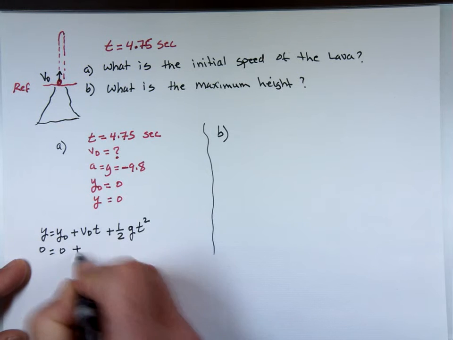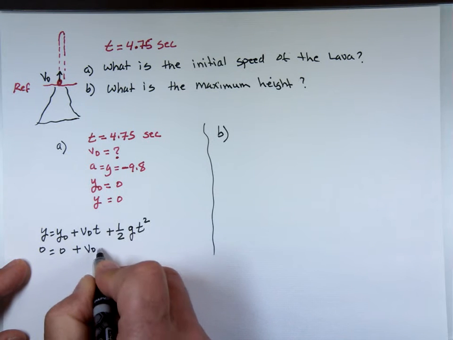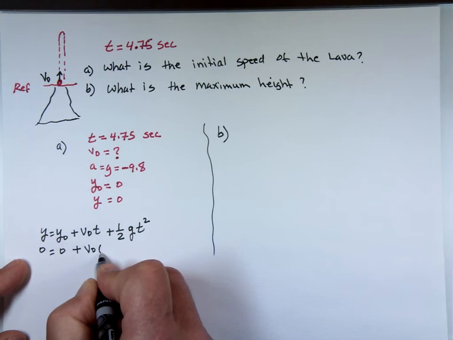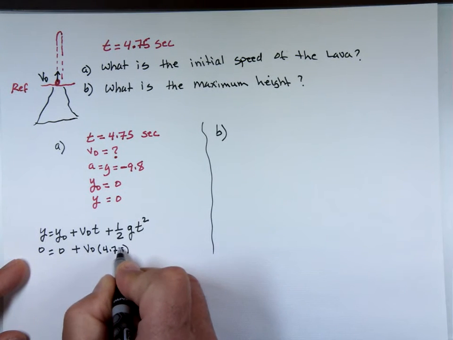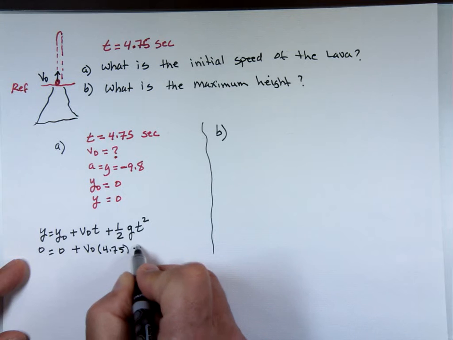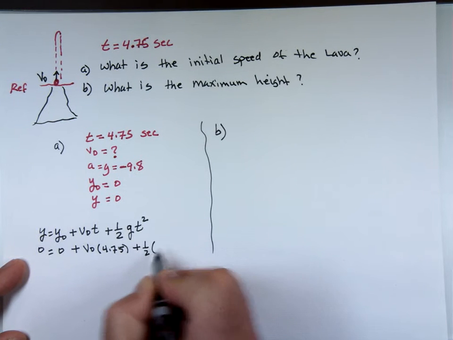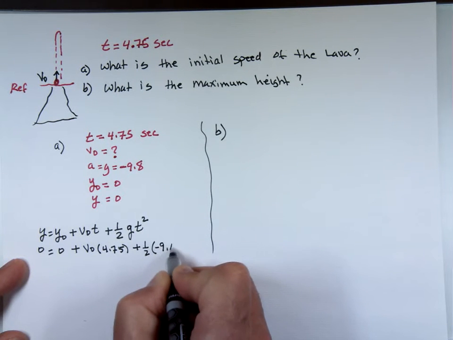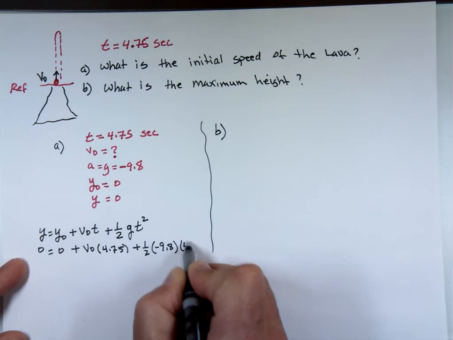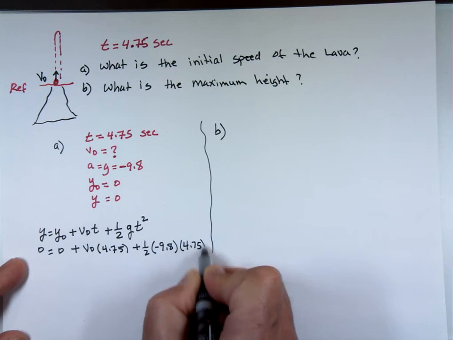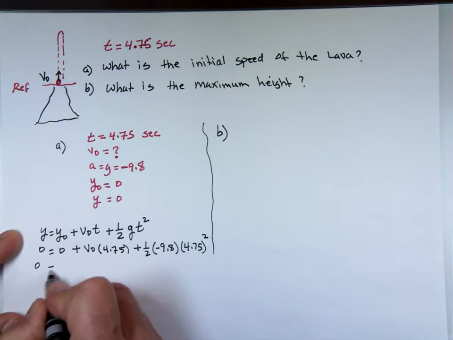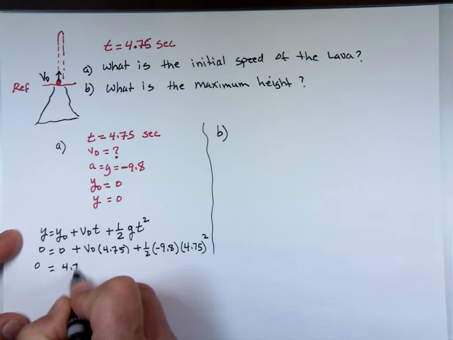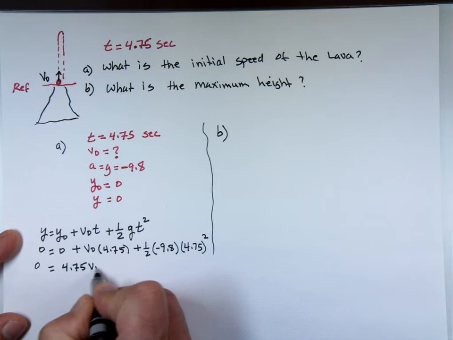V0 is unknown, I'm looking for it. We know the time is 4.75, plus 1/2 times negative 9.8 times 4.75 squared, plus 4.75 V0. This will be a minus.